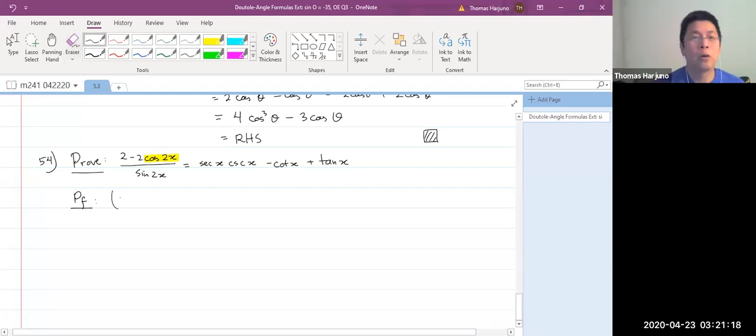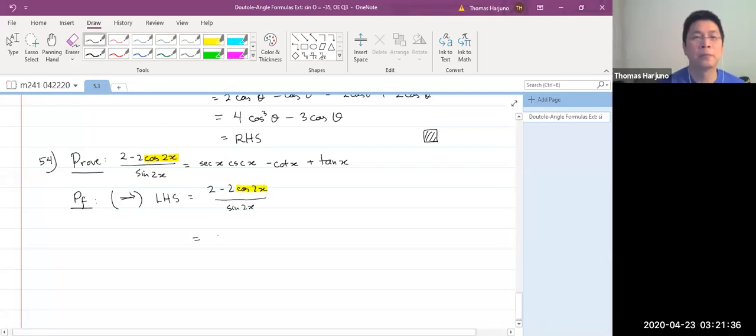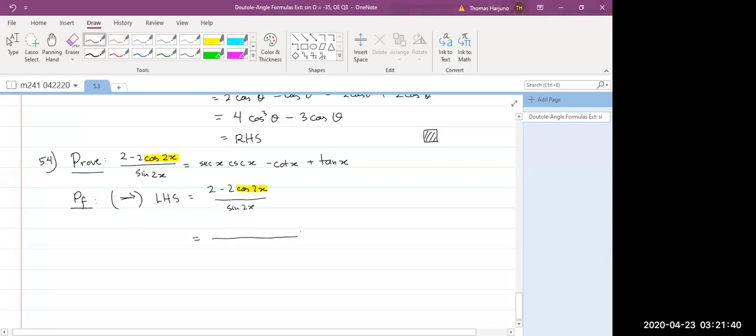So we will go from left to right. That's 2 minus 2 cosine 2x over sine 2x. Okay, which formula do you use for cosine 2x? No, I did it from right to left. You do it from right to left? Yeah.